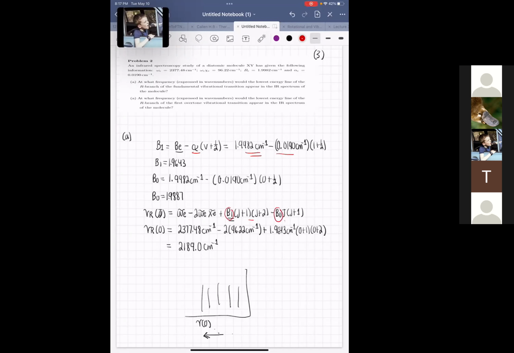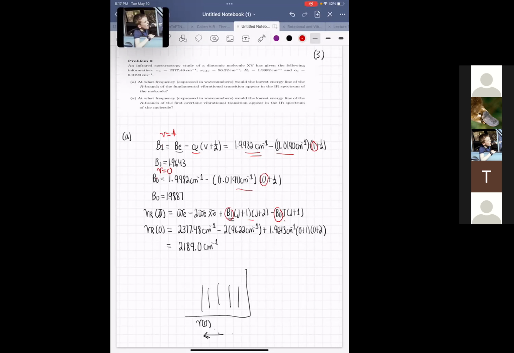So then for the next part, you have to do the same thing, but you have to plug in V is equal to 0. And up here, you plug in V is equal to 1. So B1 and B0 relate to V is equal to 1 and V is equal to 0. Now, do you have any questions so far about this?